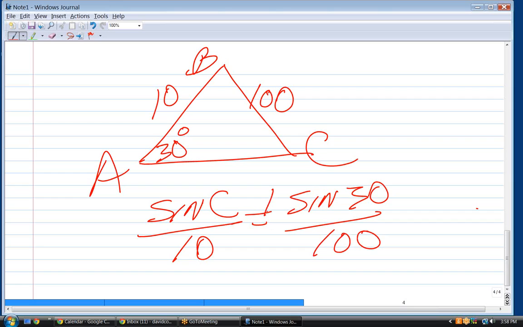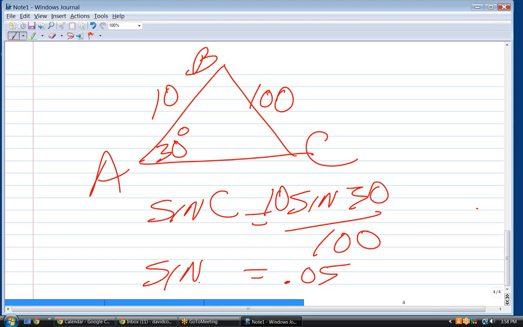So sine of C is going to be 10 times sine of 30 divided by 100, that is 0.05. That's a possible triangle. It is a possible triangle. I didn't make my numbers up properly. What did I do wrong? I thought I was making an example that is not a possible triangle, but it looks like it is.